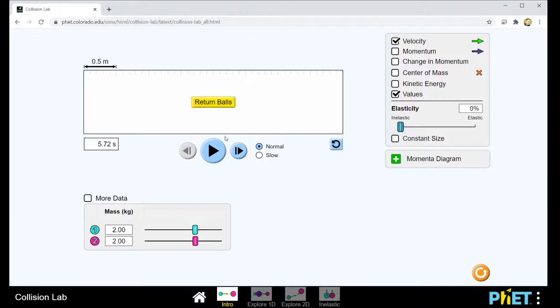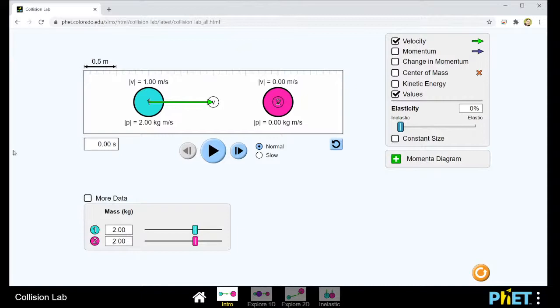All right, let's do something a little bit more challenging. We're going to stick with the inelastic case. Let's make things a little bit more challenging now. So let's say that they don't have the same mass.